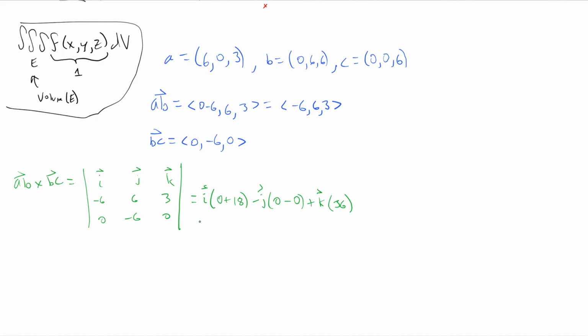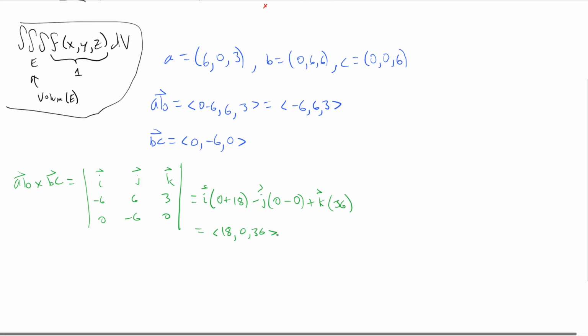And then we can write this like so: 18, 0, 36. Alrighty, awesome.